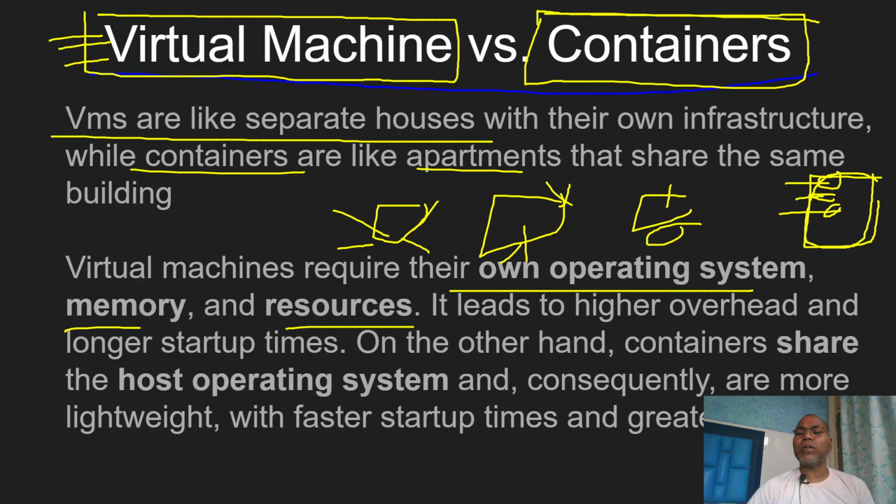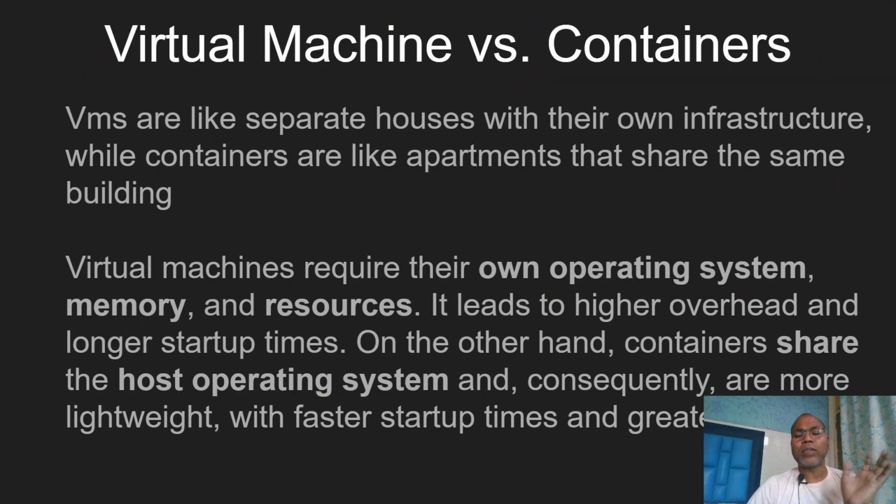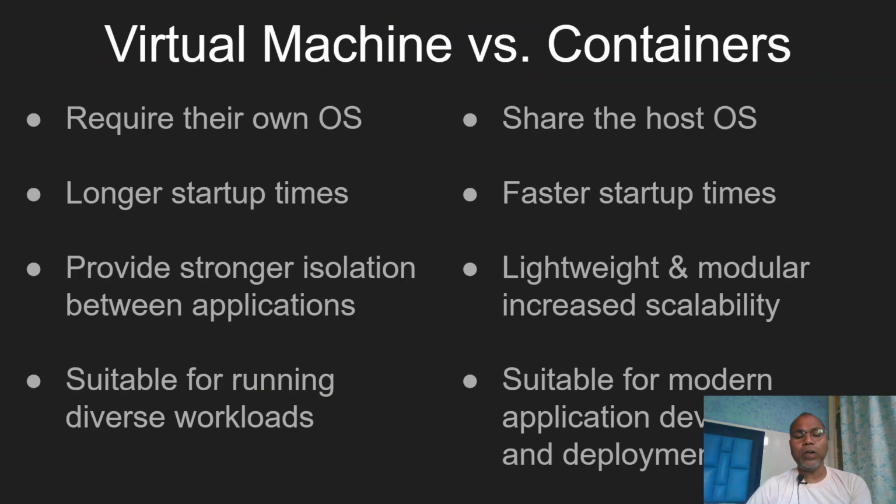A container is also a kind of virtual machine, but it does not require its own operating system. Containers share the existing operating system, whatever the host operating system is, the same operating system I am going to use, and I provide a completely isolated environment, one machine for the user. Here the user can deploy applications, install applications, and run and test the application. So these are the major differences between containers and virtual machines.